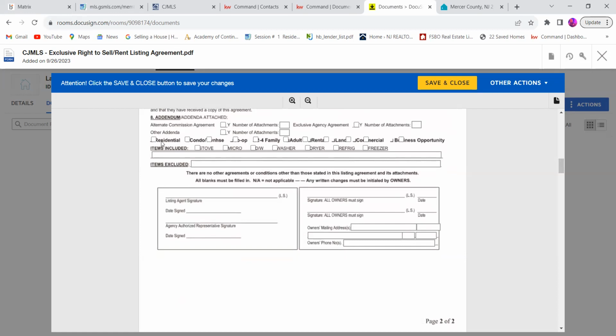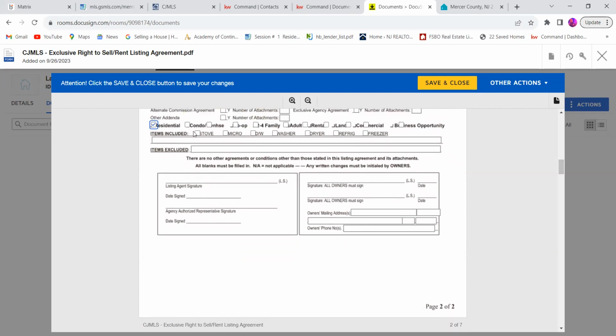The other addendum would be for what's included. What is this? Is this a residential, a condo, townhouse, co-op, 2 to 4 family, whatever it is. So this is going to be a residential. Items included: the stove, the microwave, the dishwasher, the washer, the dryer, the refrigerator, and the freezer.